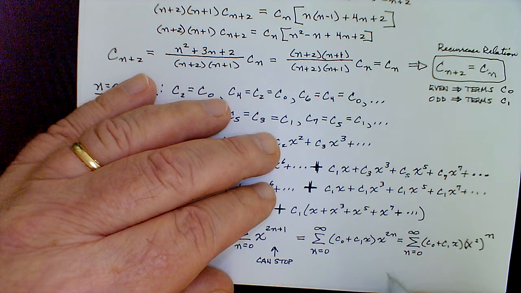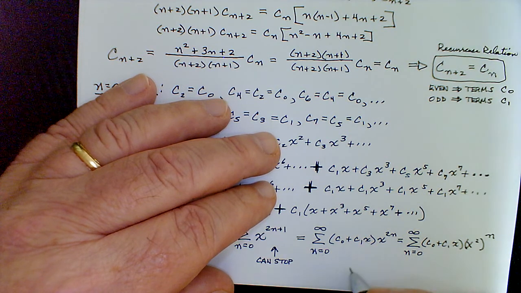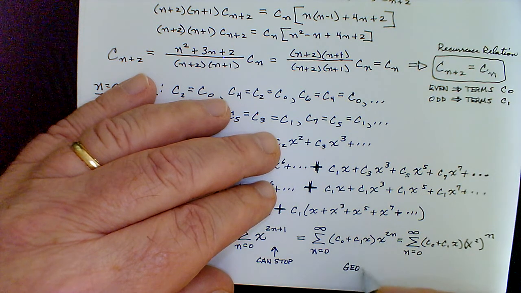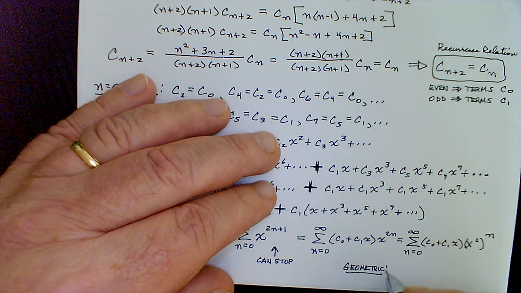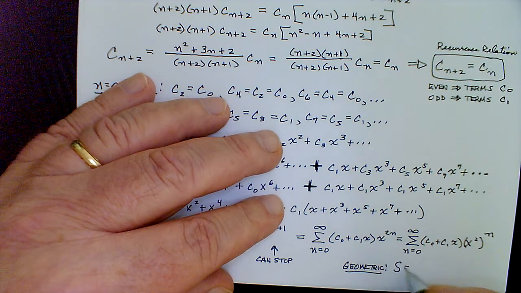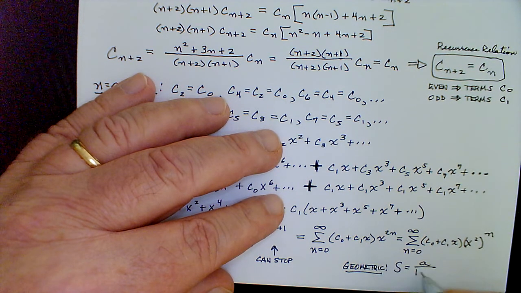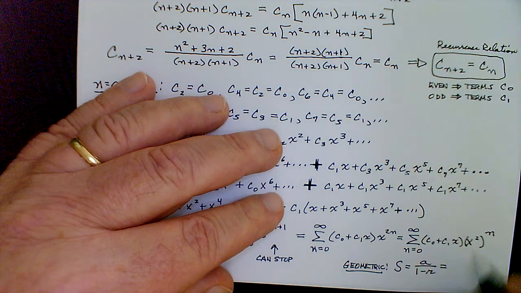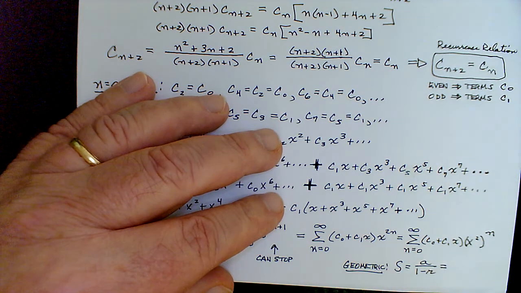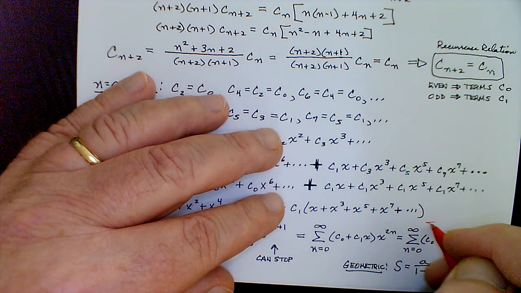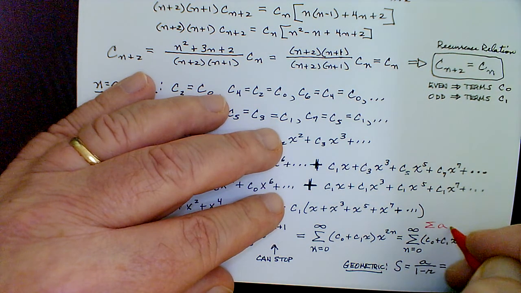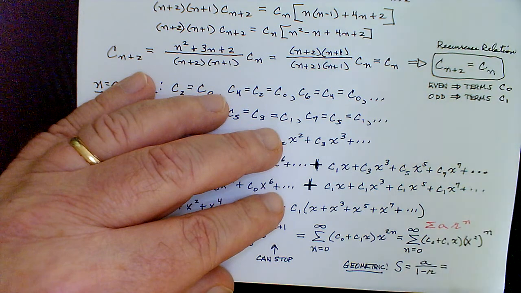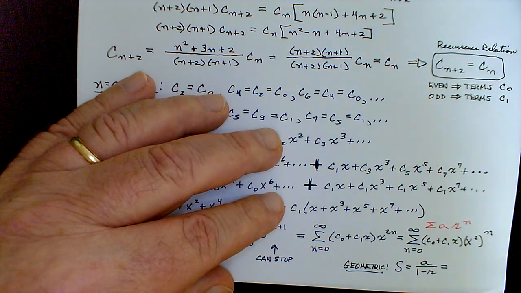And so the geometric sum is A over 1 minus R. And this is fitting the form of the sum of AR to the nth power of a geometric series.